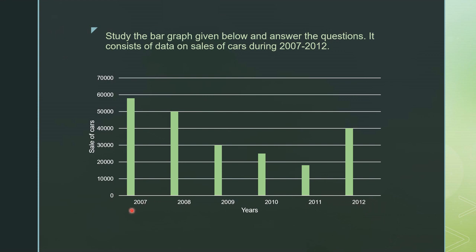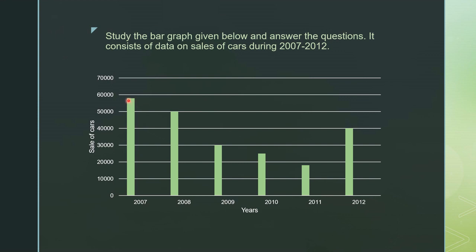In this bar graph, we see that in 2007, the sales of cars is larger than 50,000 but less than 60,000. It is not in the middle between 50,000 and 60,000, so we cannot consider it as 55,000.